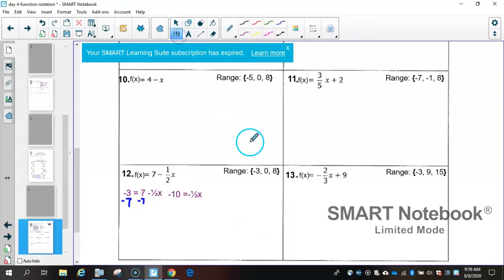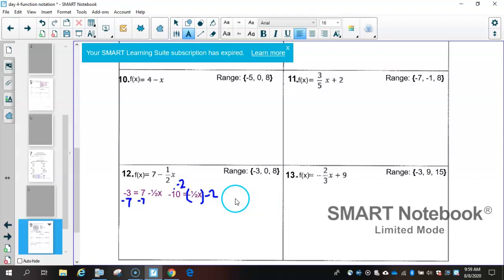And then we're doing the exact same thing we were doing before, multiplying by the reciprocal, so we need to multiply this side by -2. So here, that's going to be +20 equals x. And then double check it. If we put 20 in for x, 20 times -1/2 is -10. 7 minus 10 is -3, so that does work.